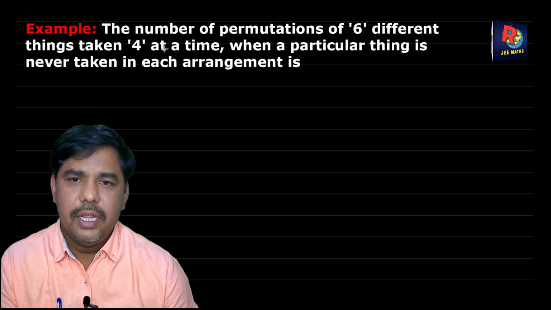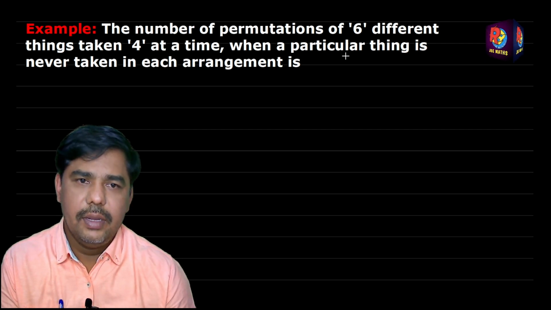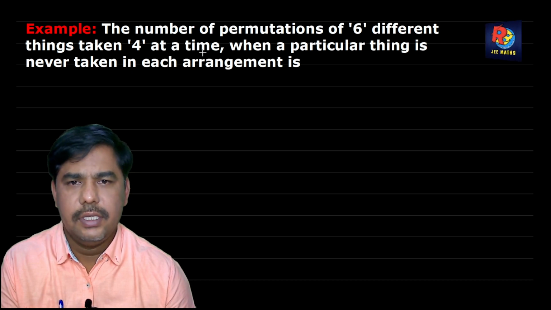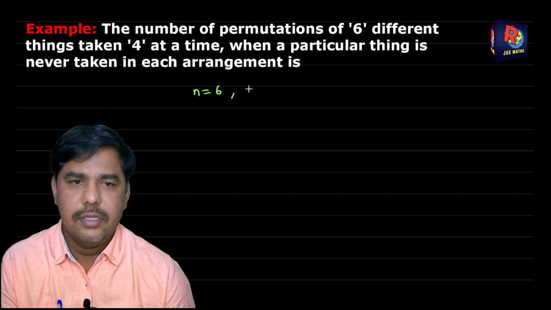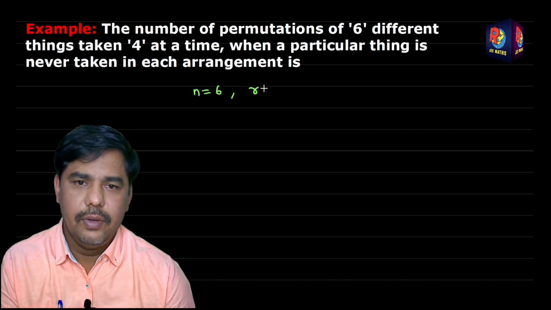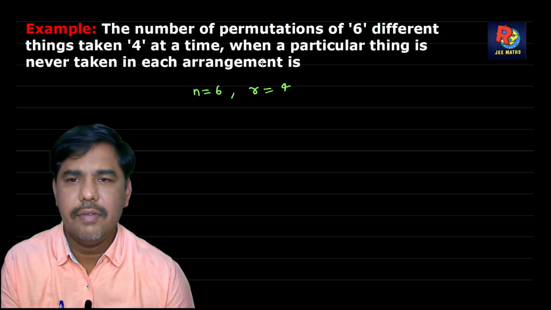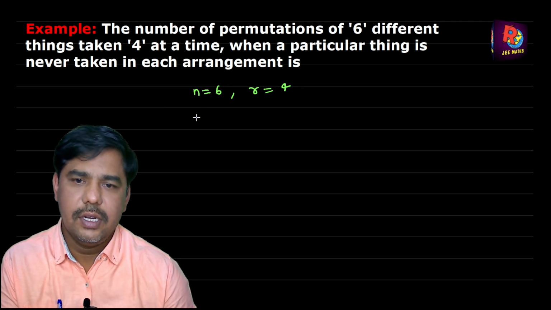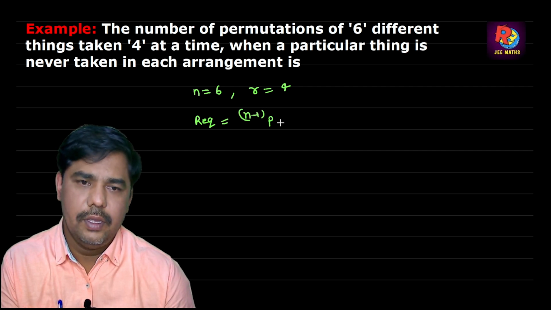For this also we can take the same question, but here the particular thing is never taken. Same here, n equal to 6 things, and we need to take r equal to 4 things, but the particular person is never taken. So what is the required arrangement? Required arrangement equals n minus 1 P r.